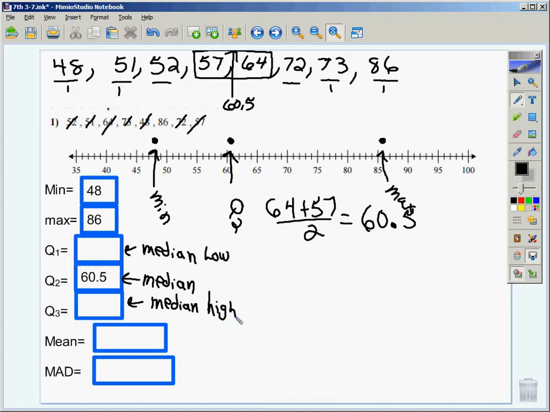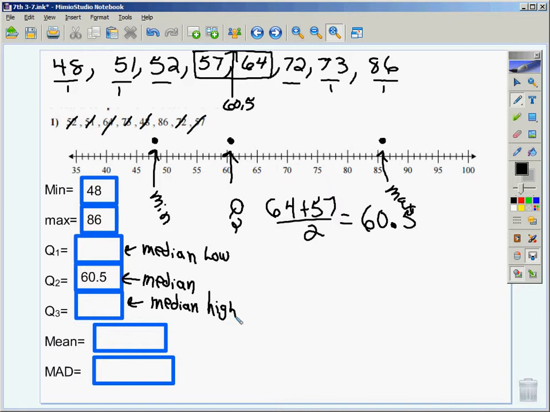How many medians am I finding? 3, right? Got to use the median concept 3 times. So Q2 is the median of the whole data set. Q3 is the median of the high end of the data.